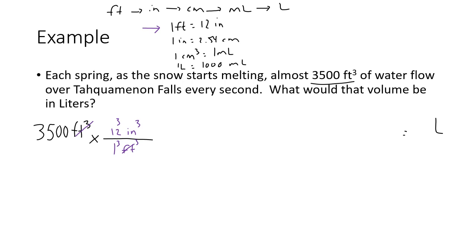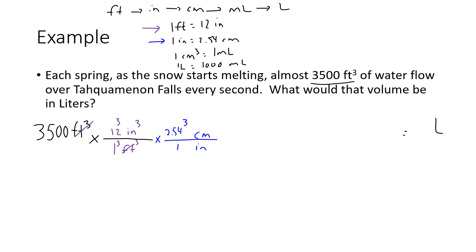And so now I'm going to look and see how I can convert from inches to centimeters. So I'm going to put inches on the bottom and centimeters on top. I'm going to write 1 inch is 2.54 centimeters, with the 2.54 centimeters in the numerator. Again, I'm going to run into the same issue where one of the values, the inches, is cubed in the previous step, but now it's not.